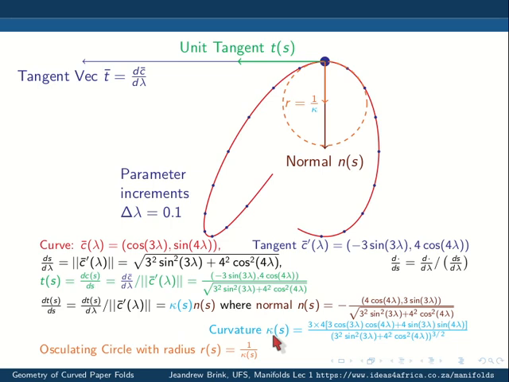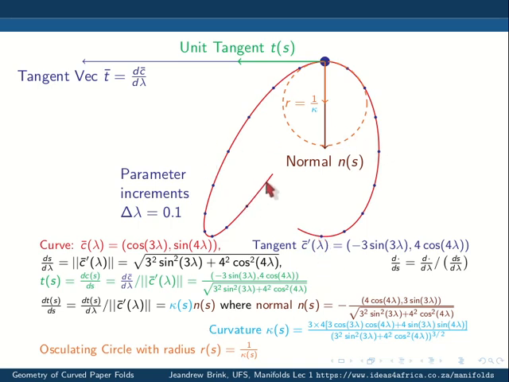Now there are a number of results which I'm not going to derive, but it's a completely different way of looking at a curve. If somebody gives you a curve parameterized by arc length, in other words a distance, and gives you the curvature as a function of that distance, then you can prove that it's possible to reconstruct the entire shape of the curve.